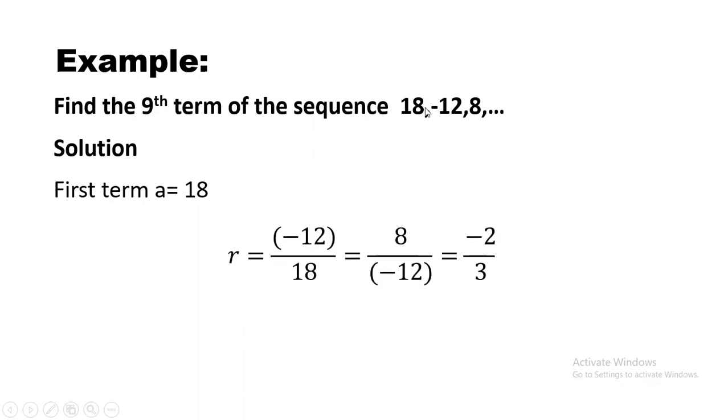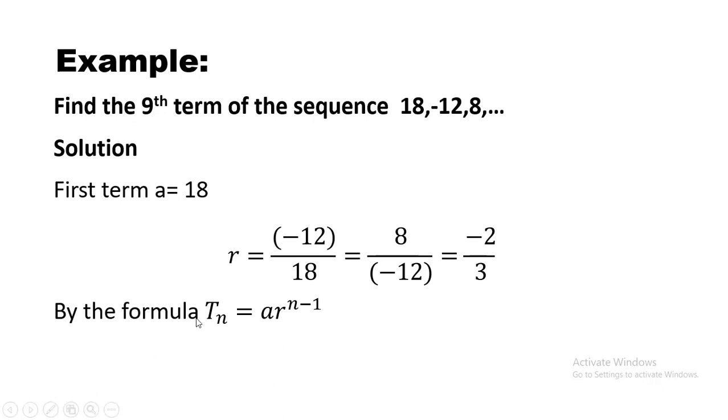If I take minus 12 by 18, and 8 by minus 12, they are both the same, that is minus 2 by 3. So this sequence is a geometric progression that has a ratio of minus 2 by 3. That is how you calculate a ratio.